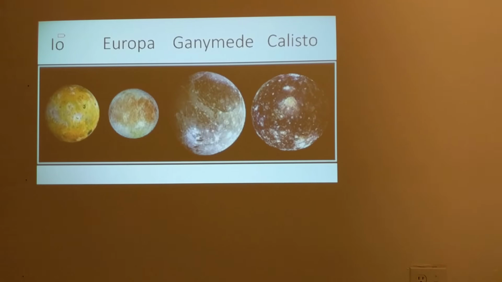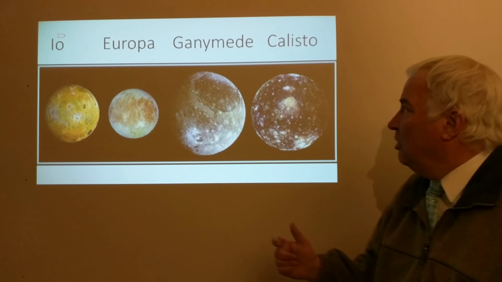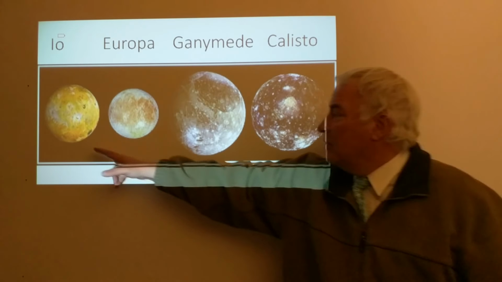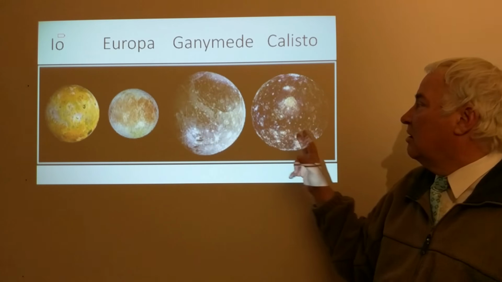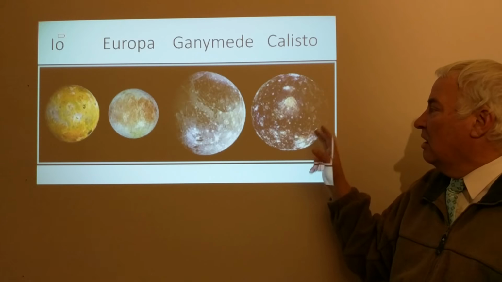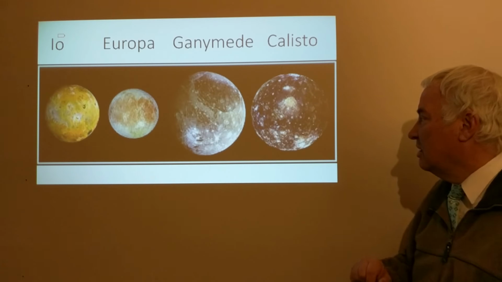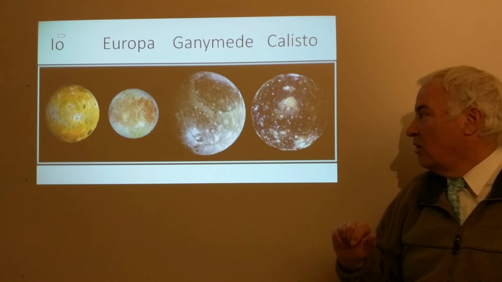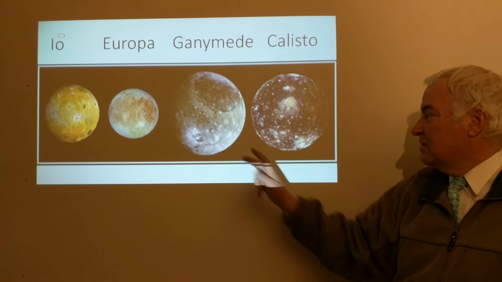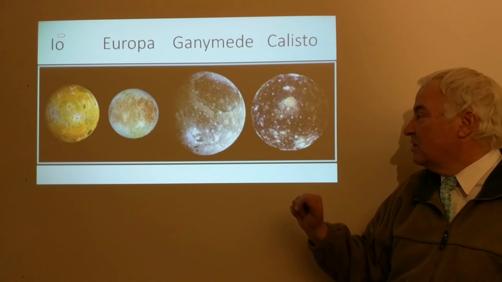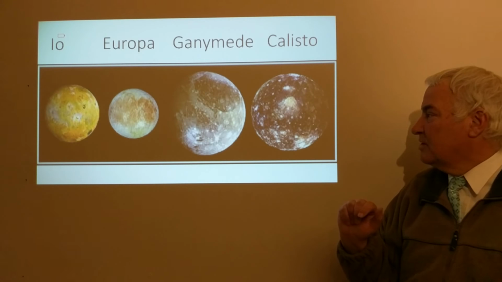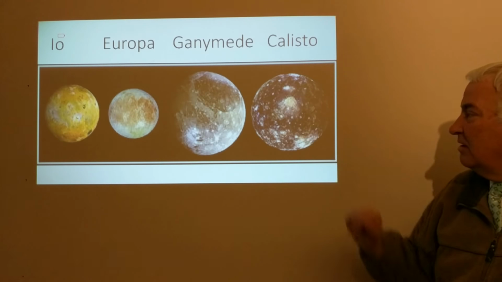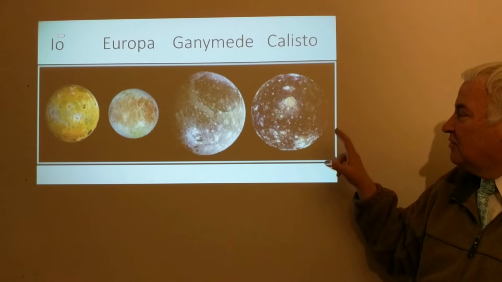If we compare these different moons, from closest to Jupiter we have Io, Europa, Ganymede, and Callisto is the furthest out. Ganymede is the largest moon in the Jupiter system and the largest moon in the solar system. Callisto is the third largest moon in the solar system, second in Jupiter's system. But it's very different.